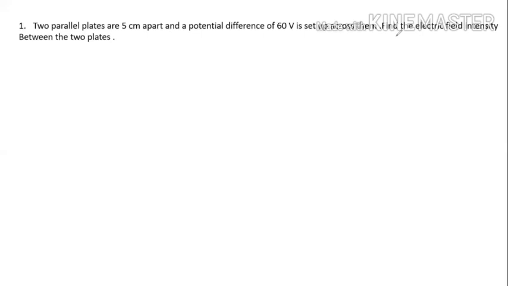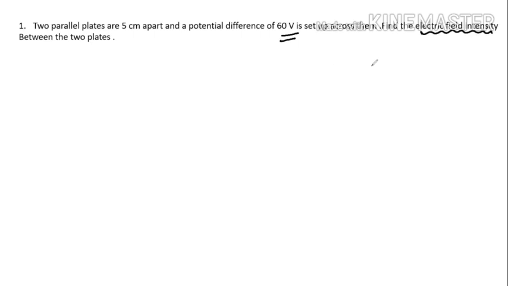So if you see here, in our question it is asked that you have two parallel plates, separated by 5 centimeters, and they have a potential difference of 60 volt. You have to find the electric field intensity between the plates.